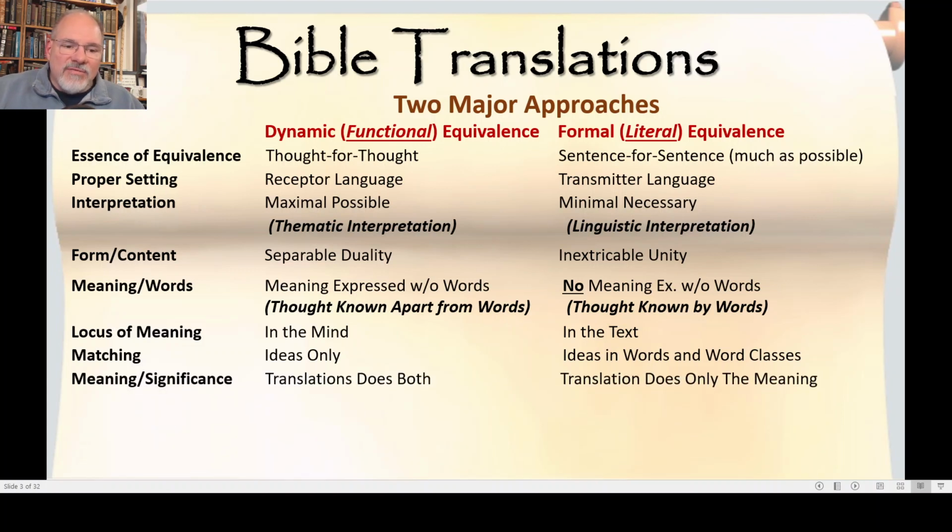The meaning and significance, right? They think translations can do both. They can give you meaning and significance, where on the formal side, the translation only can give you meaning. It can't create the significance through reading it.